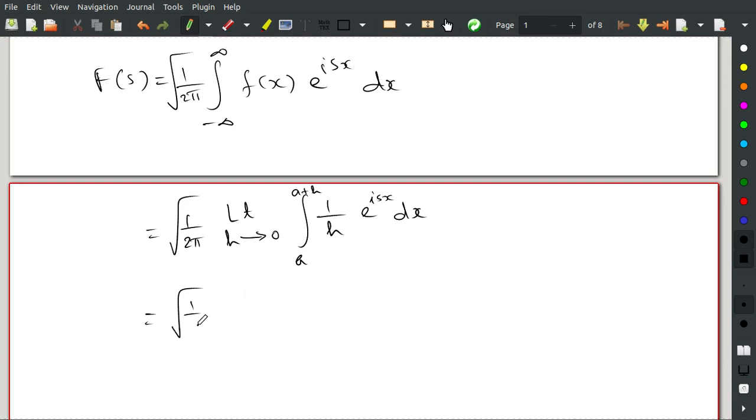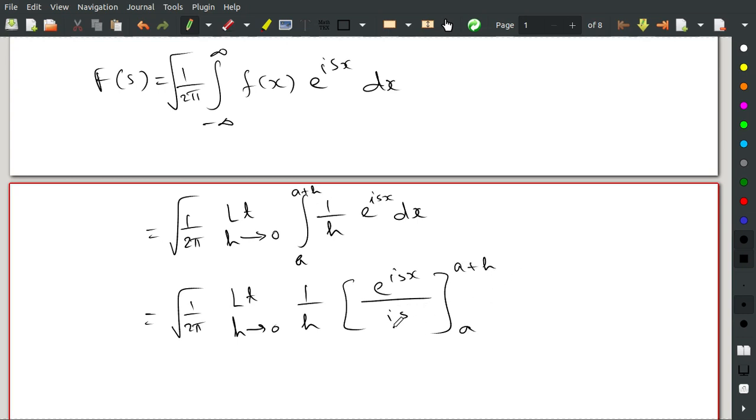Therefore, we have root of 1 by 2 pi, limit h tends to 0, 1 by h, and the integral of e power isx dx is nothing but e power isx divided by is. Okay, and the limit comes from a to a plus h.